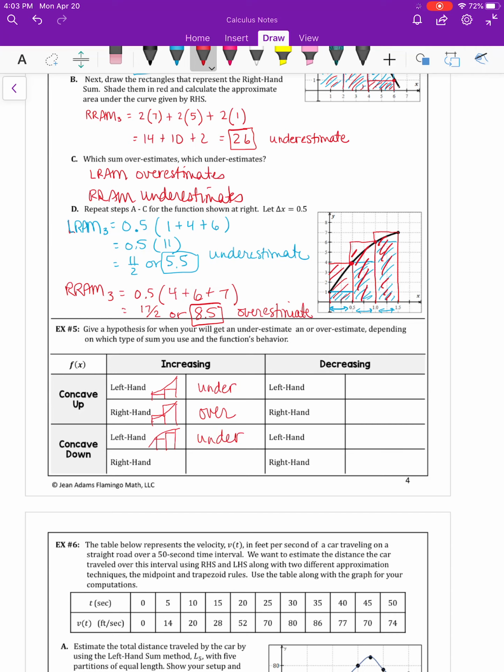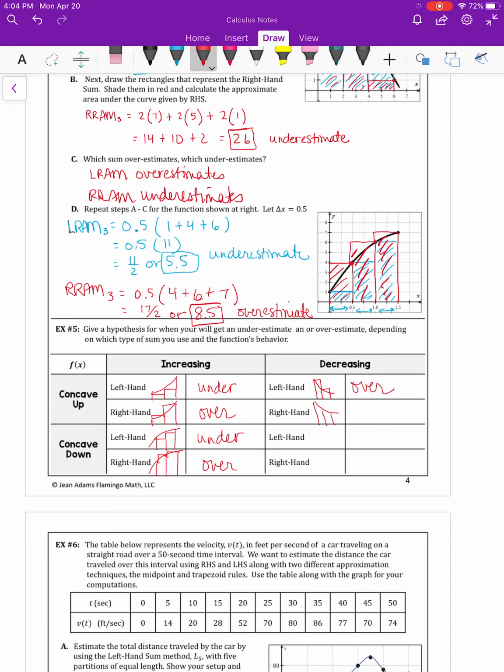That's with concave up. With concave down, if we had a left-hand Riemann sum, it's going to be an underestimate. With concave down, increasing, if we had a right-hand Riemann sum, it's going to be an overestimate.